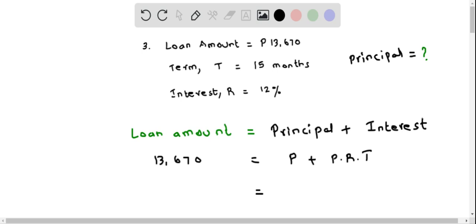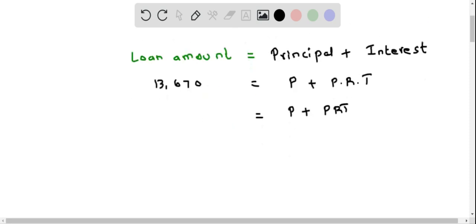And so here we have P plus, this is PRT. Now we can factor P from these two terms. We have a P here and we also have P here. So when we factor P from these two terms, we get P times of 1 plus RT, and on the left side we have 13,670.